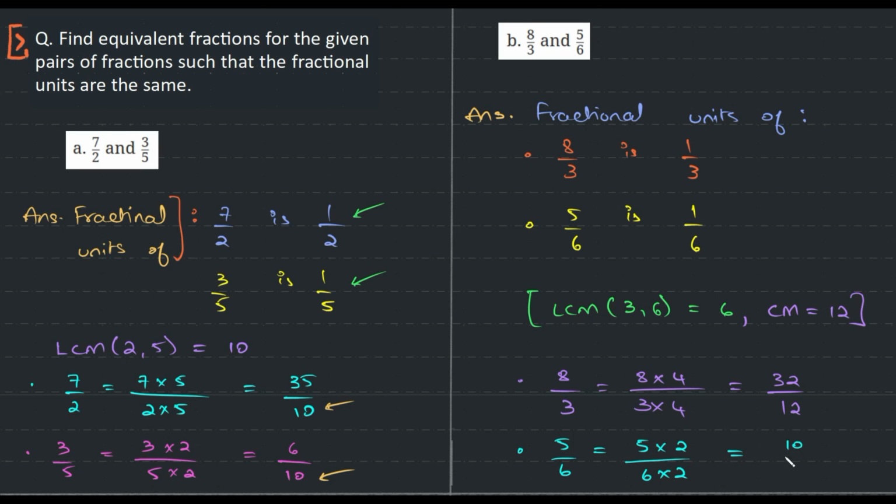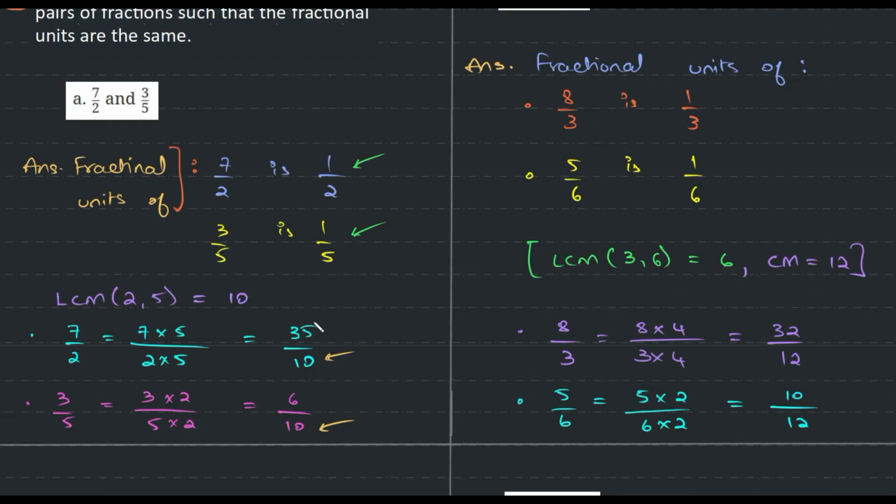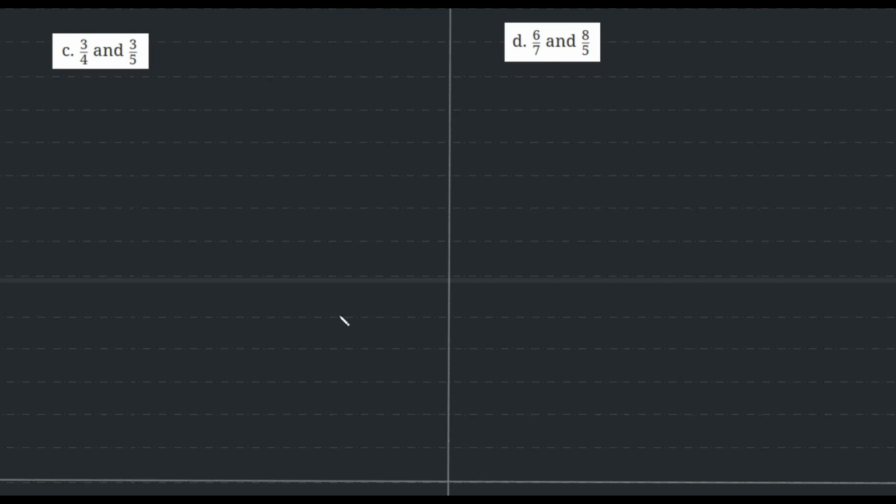So 5 into 2 is 10, 6 into 2 is 12. So 12 and 12, we have the same fractional unit, while the numerator, yes, is different. And all of this is equal to its respective fractions. Two more questions for us to practice.